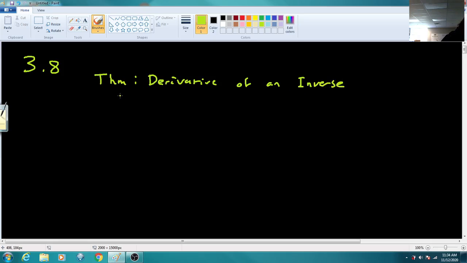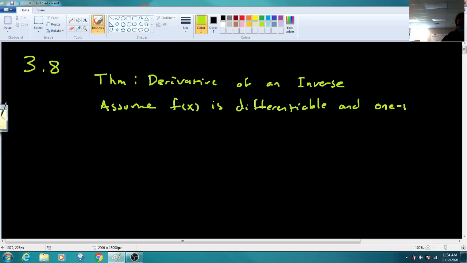So we're going to assume f of x is differentiable and 1 to 1, with inverse g of x equals f inverse of x.